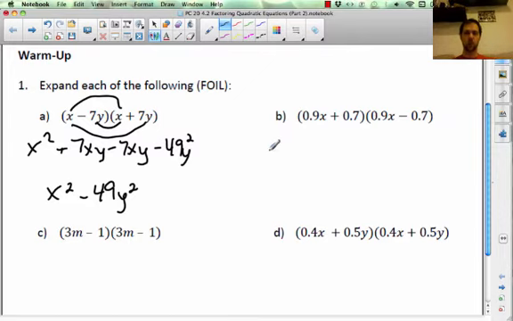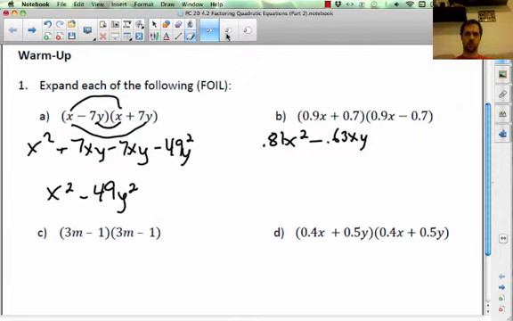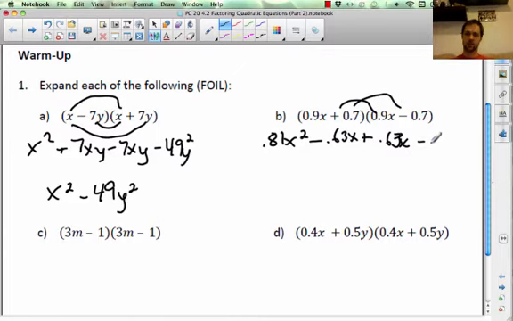Once it's all foiled out, 0.9 times 0.9 is 0.81. And x squared, then we're going to get 0.63x, then plus 0.63x, and then minus 0.49.